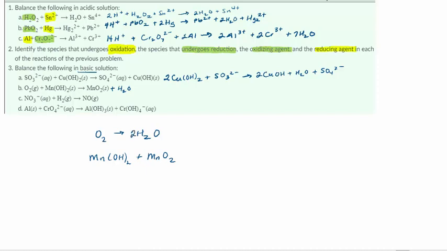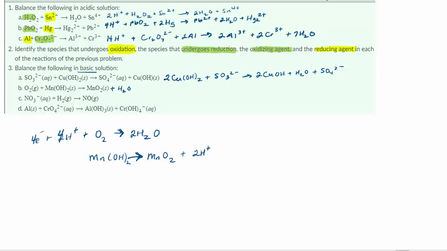Now we balance our hydrogen. Now we need to balance our charges. For the oxygen half reaction, we have a +4 on the reactant side, but we're neutral here, so we must need 4 electrons. And for the manganese, we're neutral, 2 electrons.